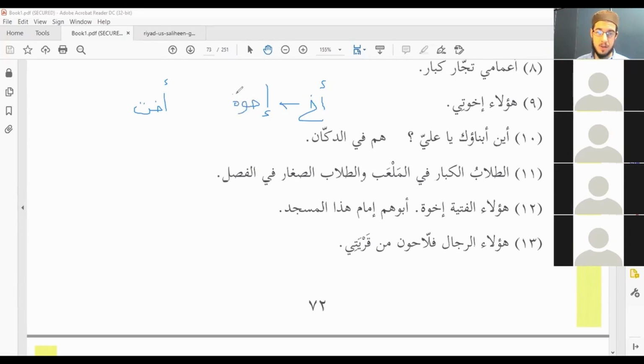And this, if you look at it, has a tamarbuta. It looks like a feminine word, right? So you're definitely using your noggin. This is a very reasonable thing to think, but this is actually the masculine plural. Whereas the plural of ukhtun, I don't believe that we've learned it yet, is akhawat. And when you look at that, it has alif ta, which is definitely an unambiguous feminine form.